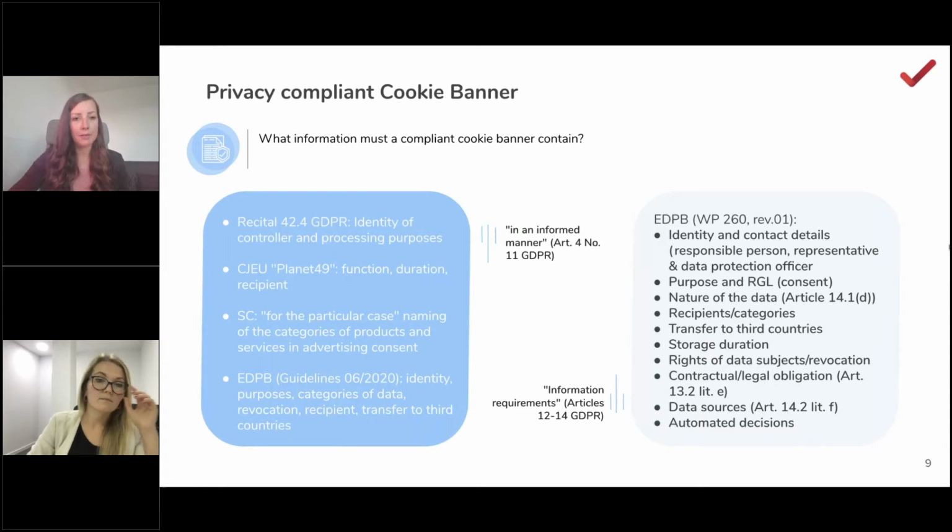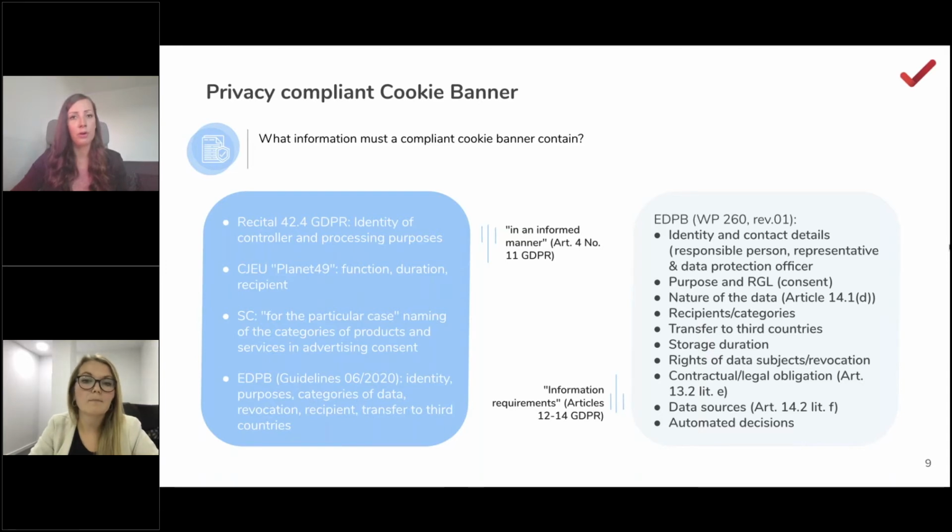For example, Recital 42 of the GDPR says you have to state the identity of the controller. So it would be you as a company, maybe, or where the cookie comes from, and the processing purpose. Definitely you have to state why you need this cookie. Do you need it for marketing purposes?